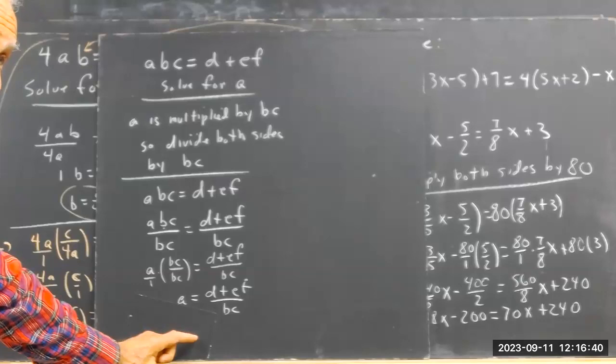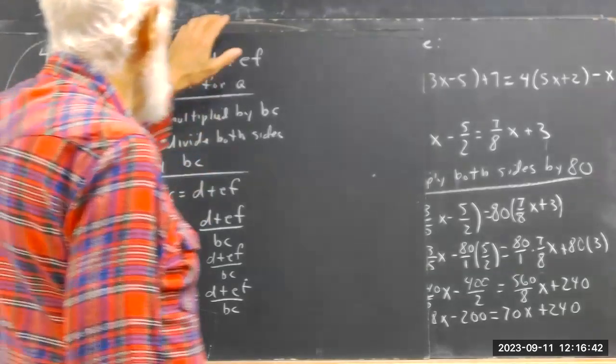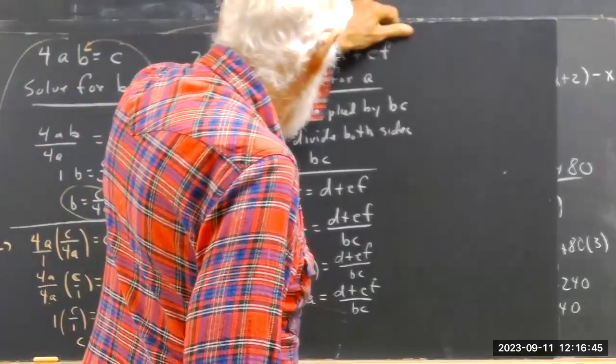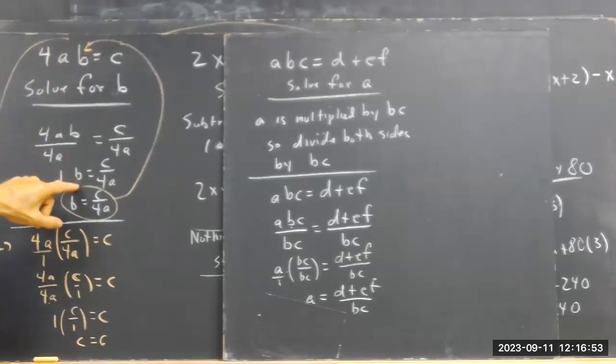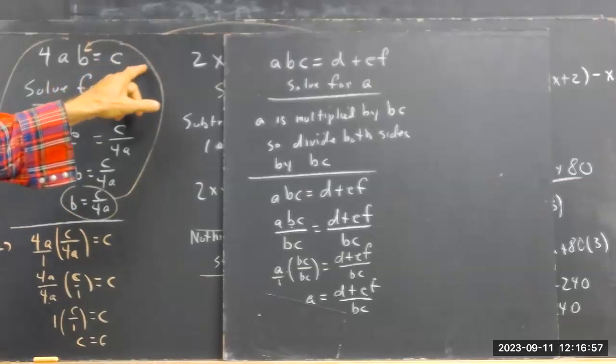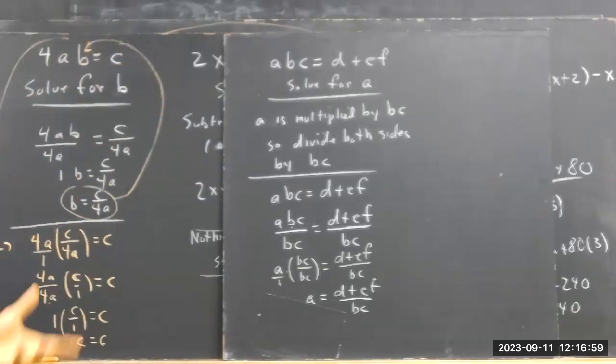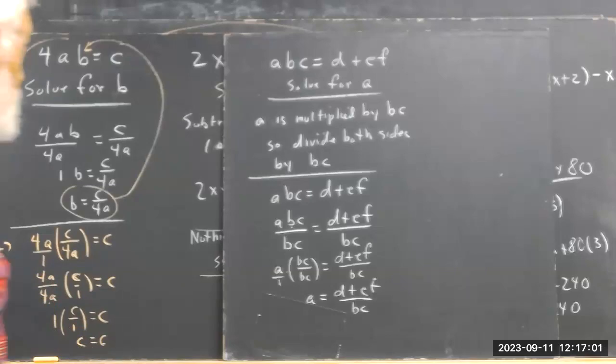It's a one-step solution. Now that's a whole lot like this one, where we're dividing 4AB by 4A in order to isolate B. The right-hand side was a little more complicated, but there it was.